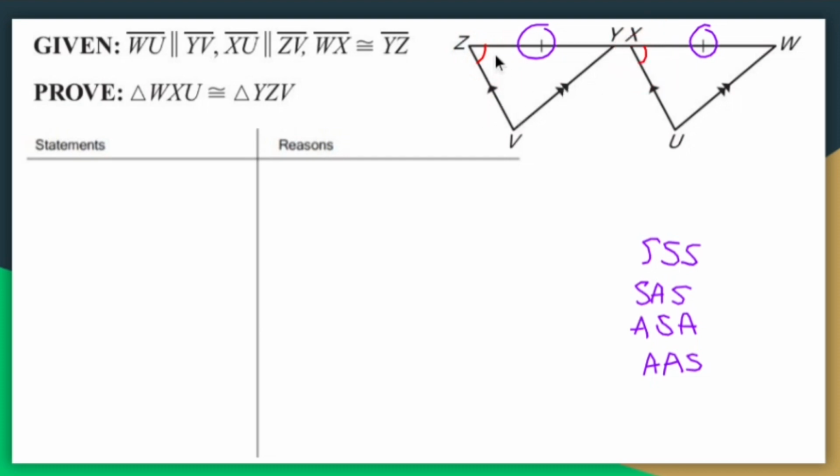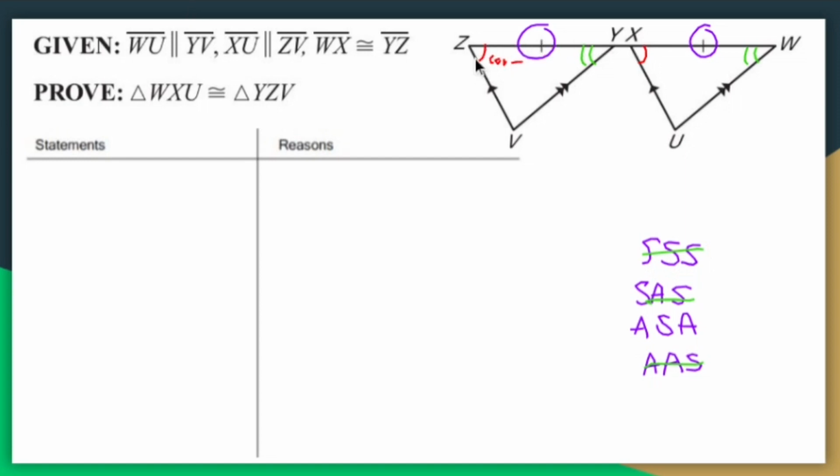So these are going to correspond. Similarly, since these two guys are parallel, these correspond. And so what I have is an angle with the side in between an angle. I have ASA. So I'm going to state my given.